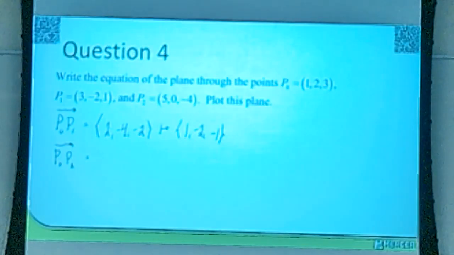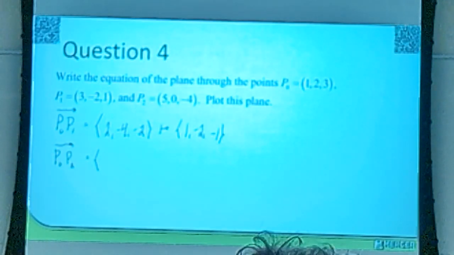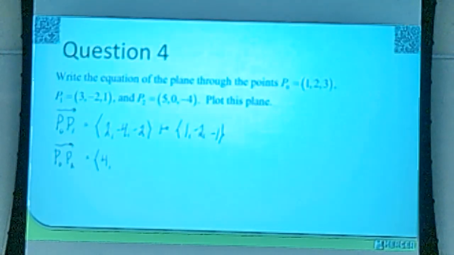What's P0, P2, in component form? Say it louder. Stop calculating it in my head. Not cross product right now.